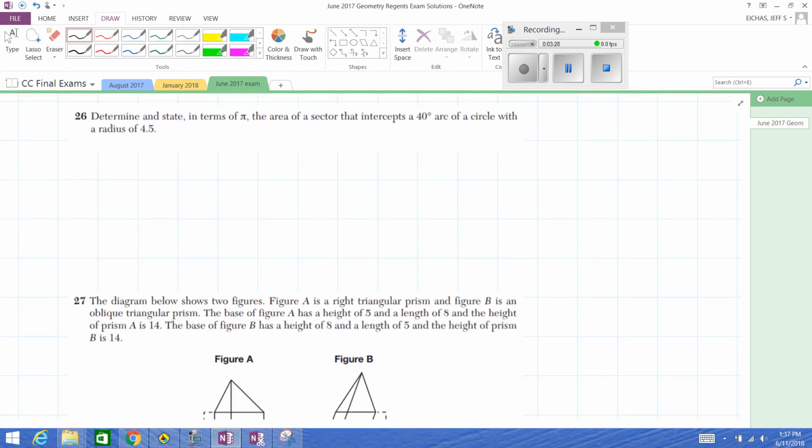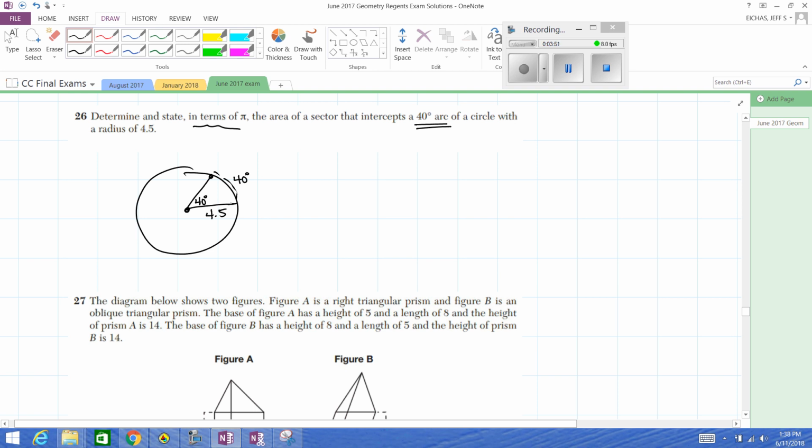All right, determine it in terms of pi: the area of the sector intercepted by a 40-degree arc of the circle with a radius of 4.5. So this angle is also 40 degrees.